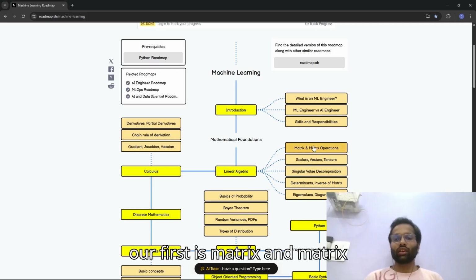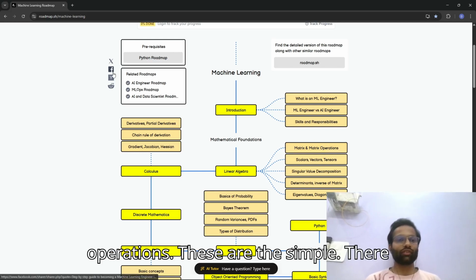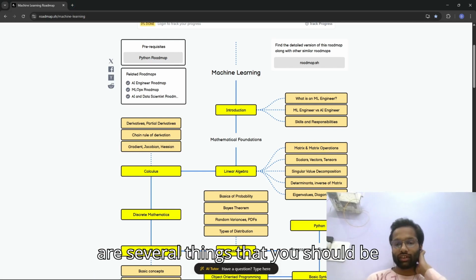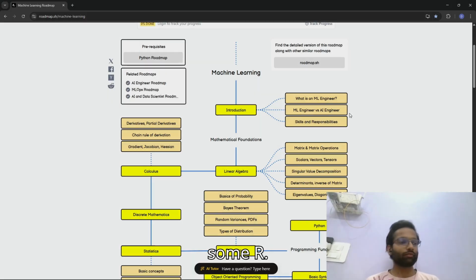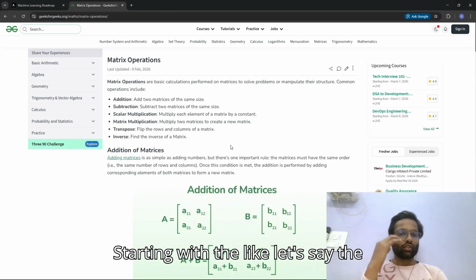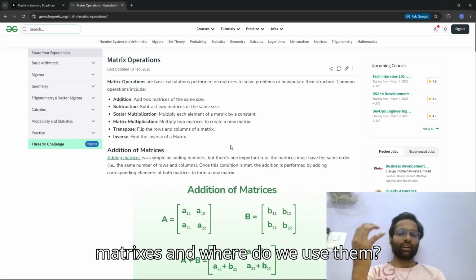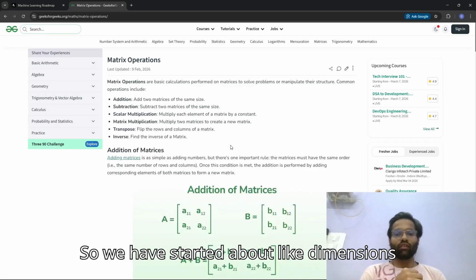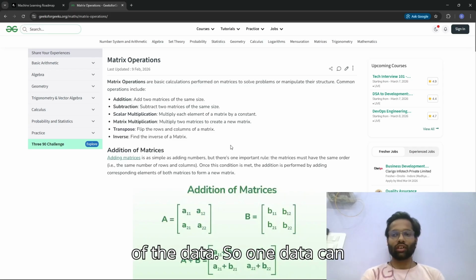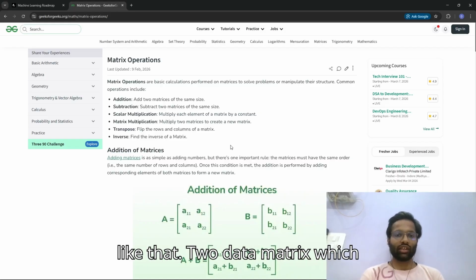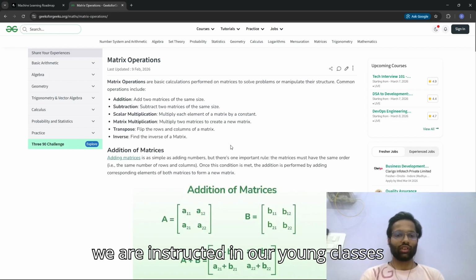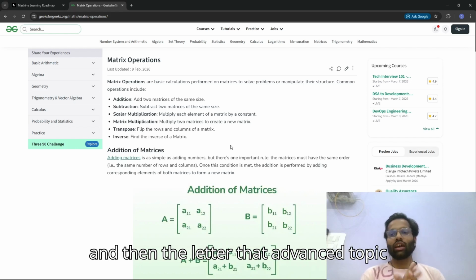Our first topic is matrices and matrix operations. These are simple, but there are several things you should be aware of. Let's start with what matrices are and why we use them. You have studied the dimensions of data. 1D data can be represented as an array. 2D data is a matrix, which we all studied in our school classes.